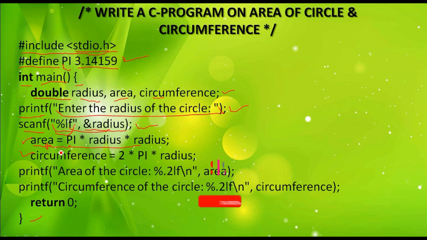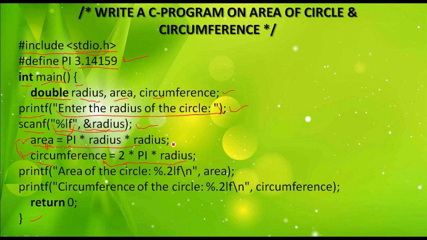Similarly, in the circumference also, 2 into pi into radius. This is the formula for circumference, and after computing, the value will be assigned to the circumference variable. These are the computational statements.